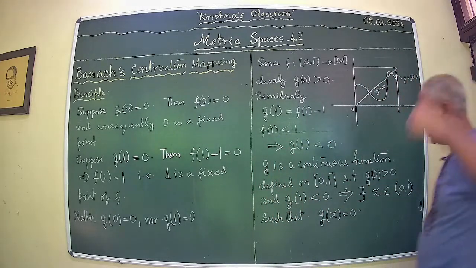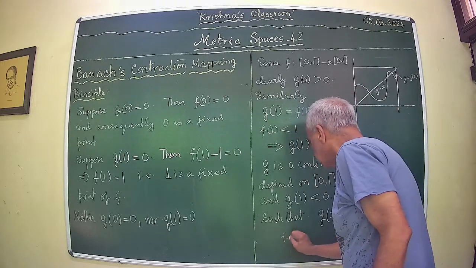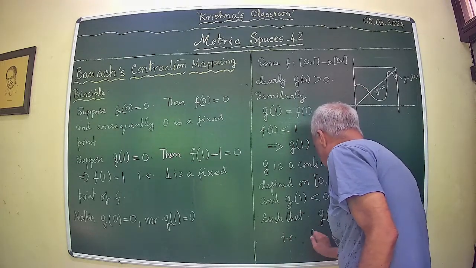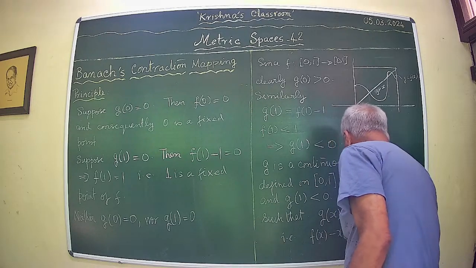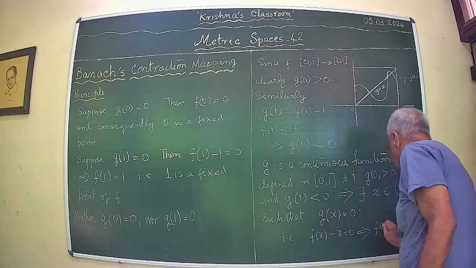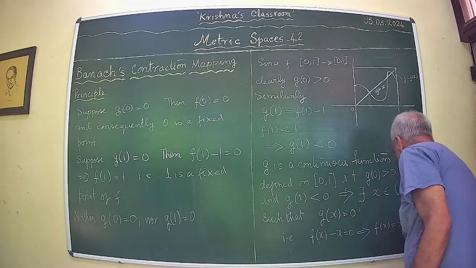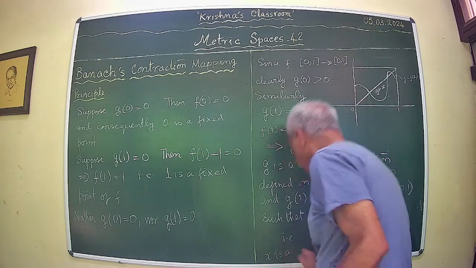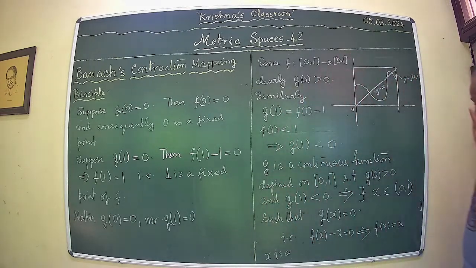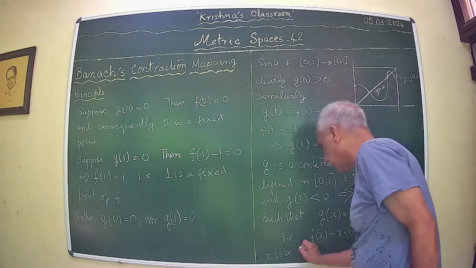What does it mean? That is f of x minus x equal to 0, or x is a fixed point of f.